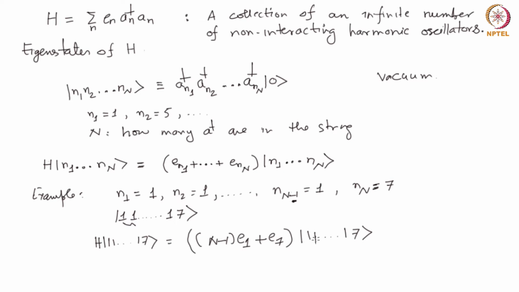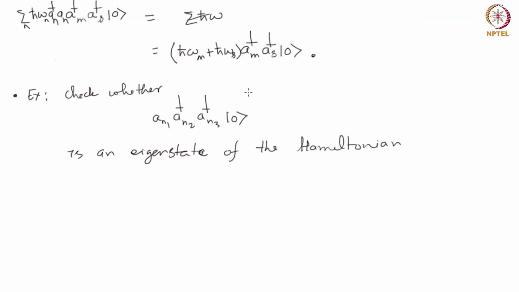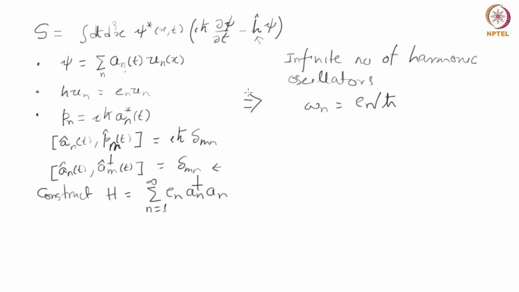Now you can see that there is a special symmetry of these states, which is obeyed because these are A daggers, and A daggers all commute with each other. You remember the commutation relation? Let's go back and see if we can find it.